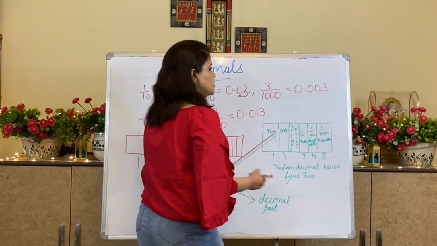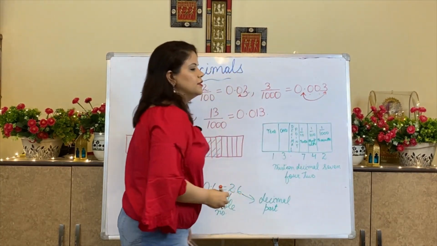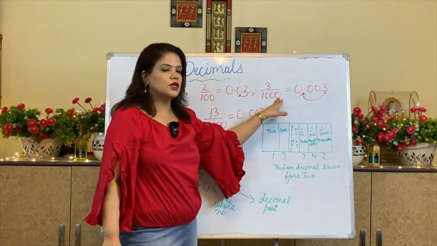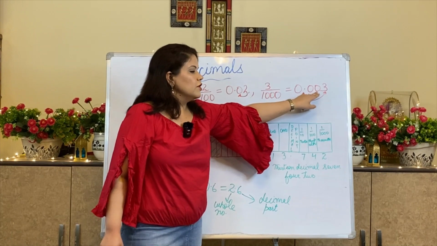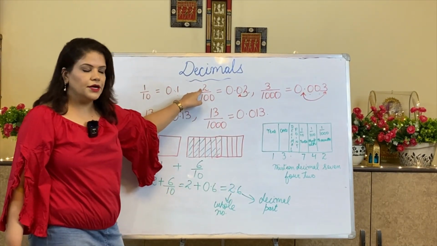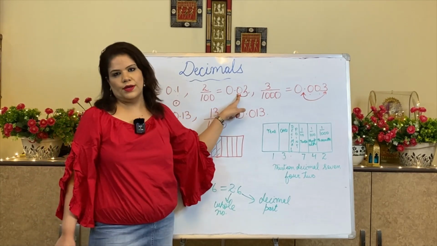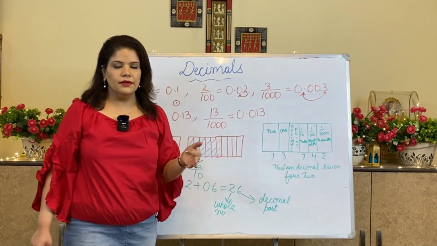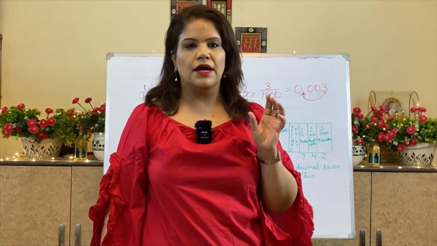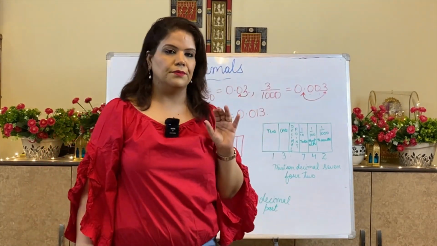Since we have 2 extra zeros, we will put 2 zeros here, in between the decimal and the numerator number.